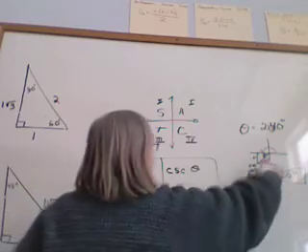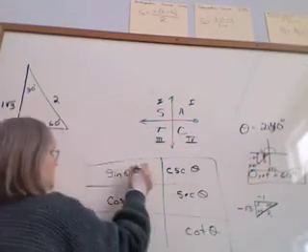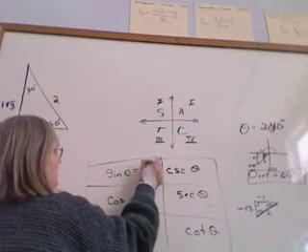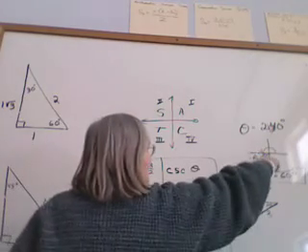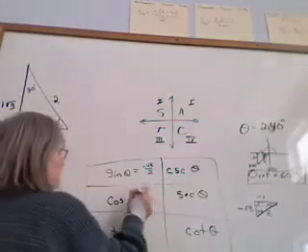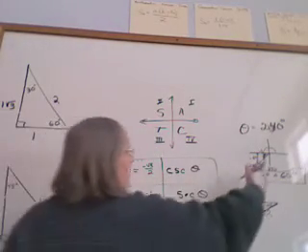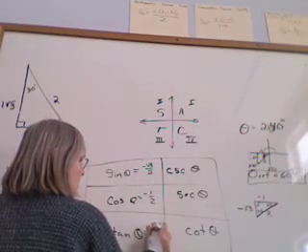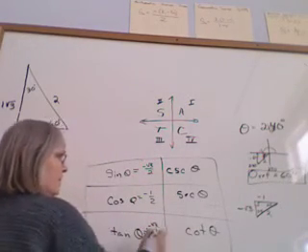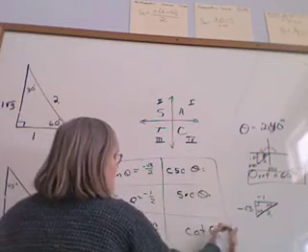The sine of that theta, opposite over hypotenuse. Cosine of theta, adjacent over hypotenuse. Tangent theta, opposite over adjacent. The reciprocal functions.